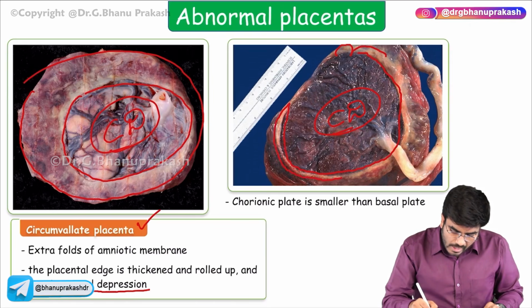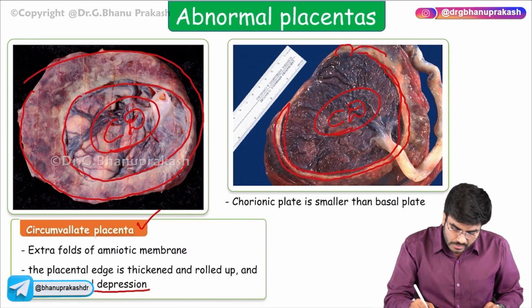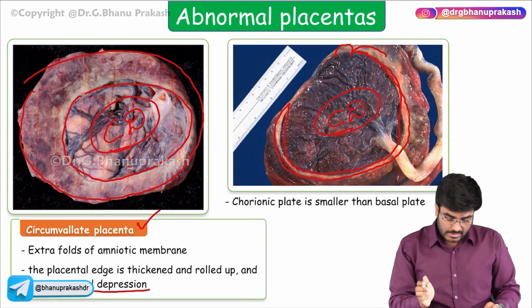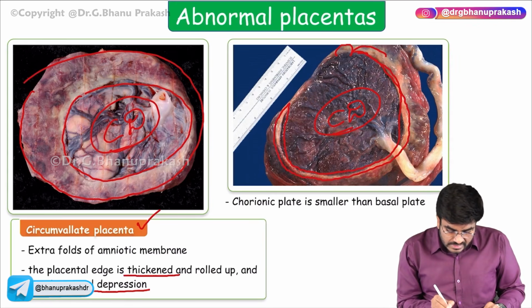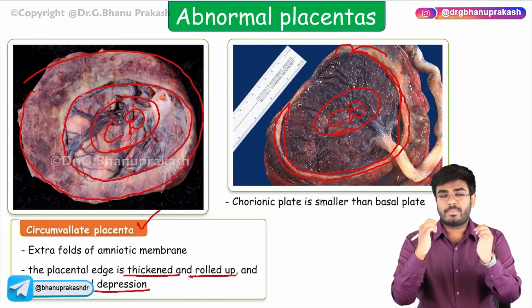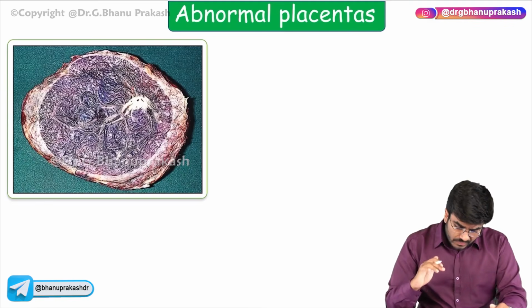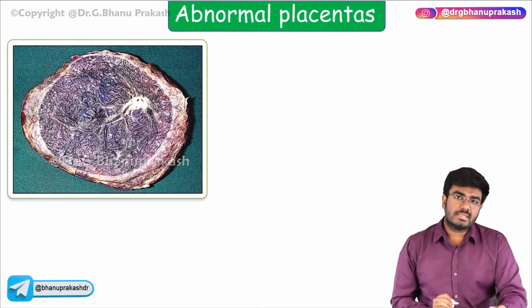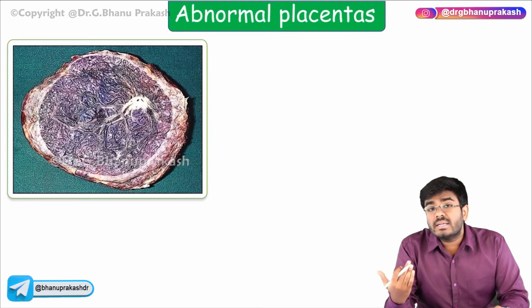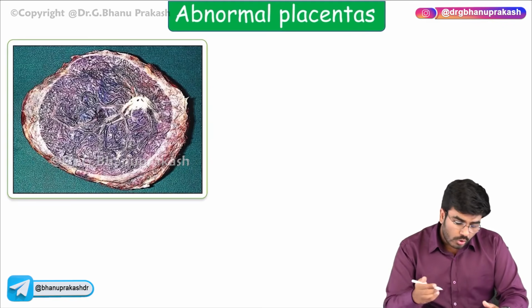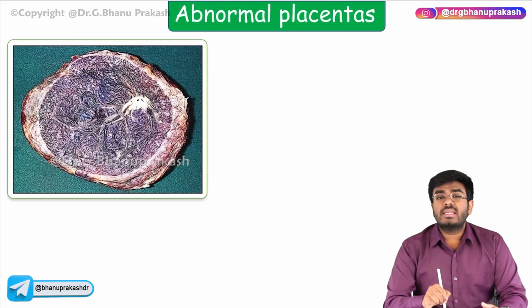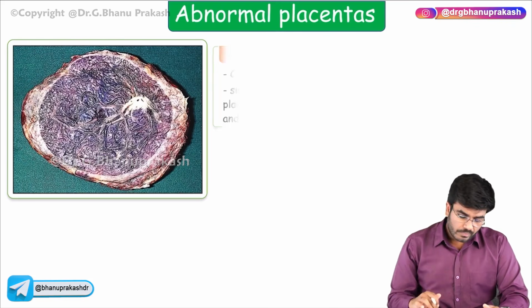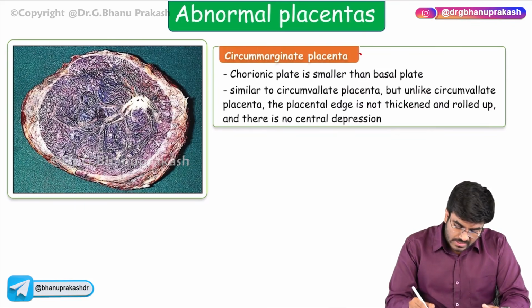A thick amniotic fold will be seen. So in circumvallate placenta, the placental edge is thickened like a wall and rolled up. But with circummarginate placenta, there is no central depression and no thickening of the placental edge. So the placenta you are seeing is a circummarginate placenta.